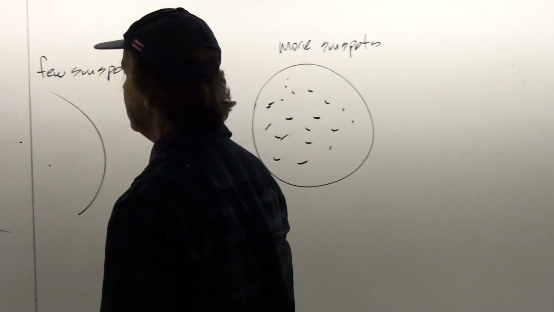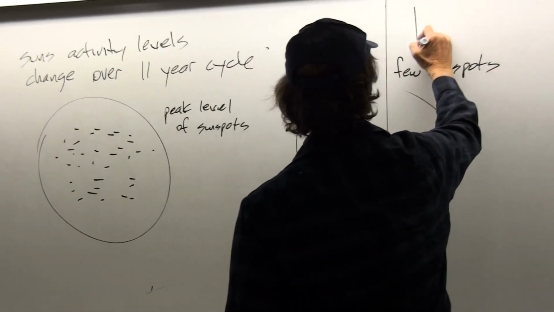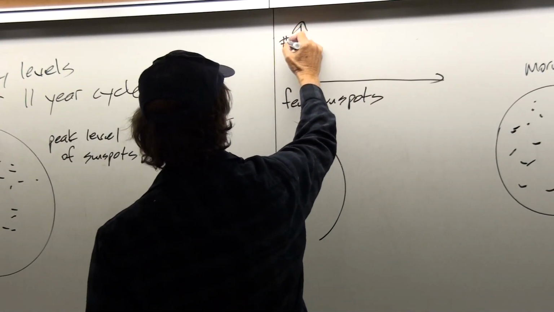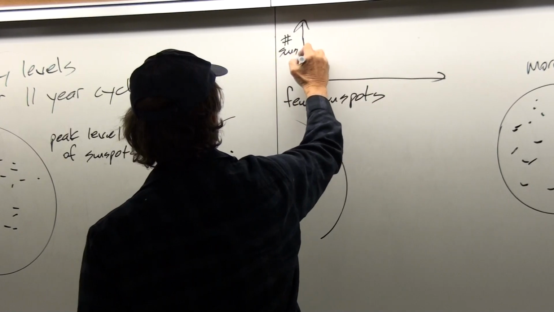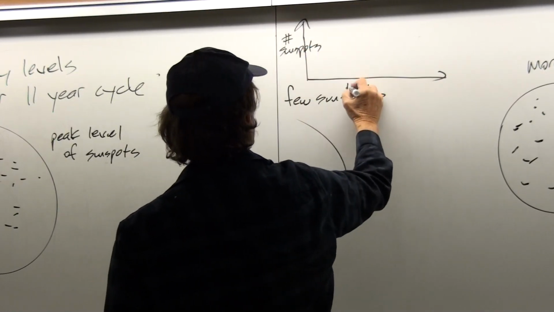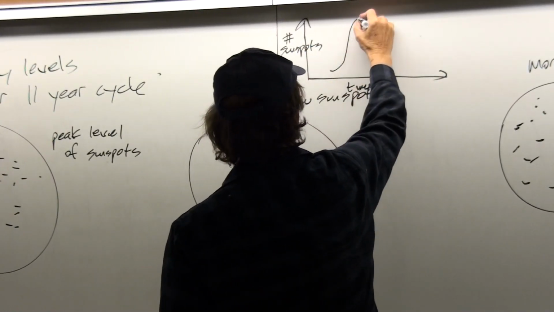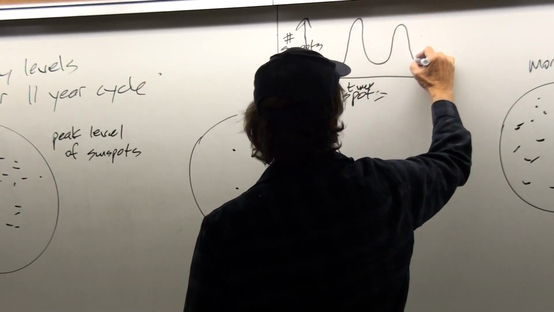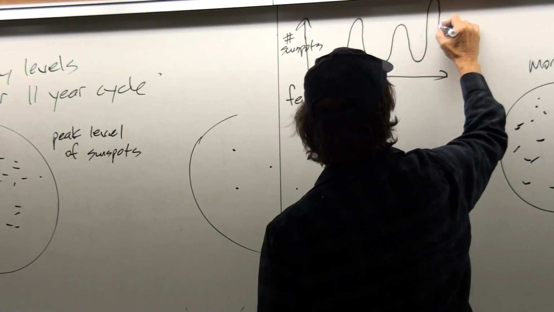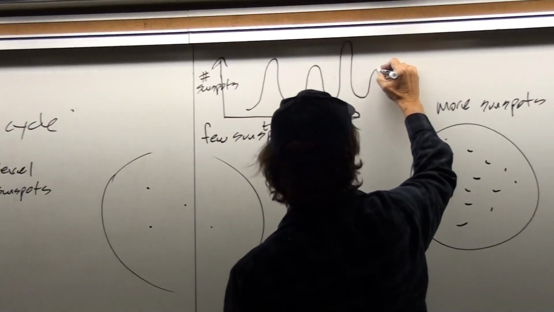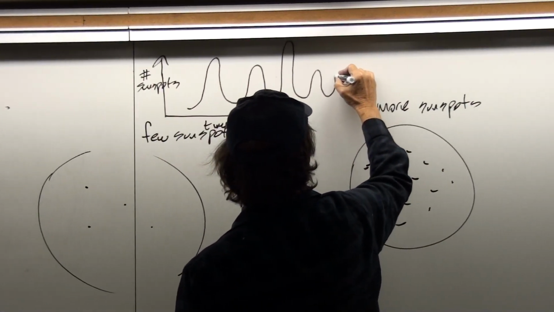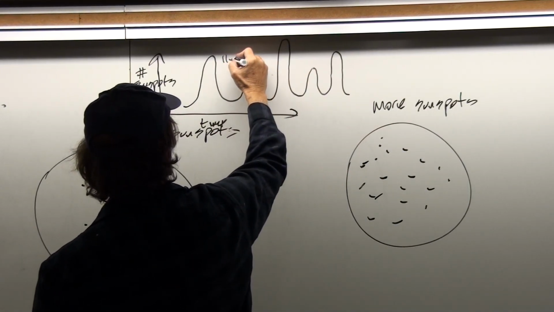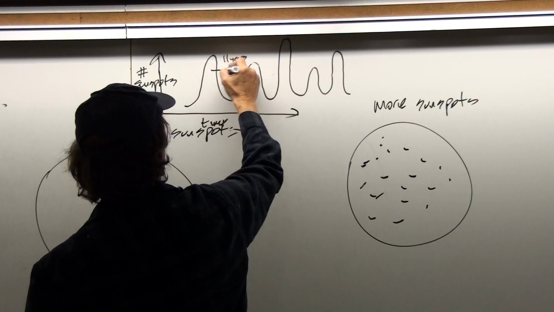And so if we plot the number of sunspots versus time, we get a peak level and then a minimum level, another peak level and a minimum level. Sometimes the peaks go up a little higher, sometimes down a little farther, but always about 11 years between peaks.